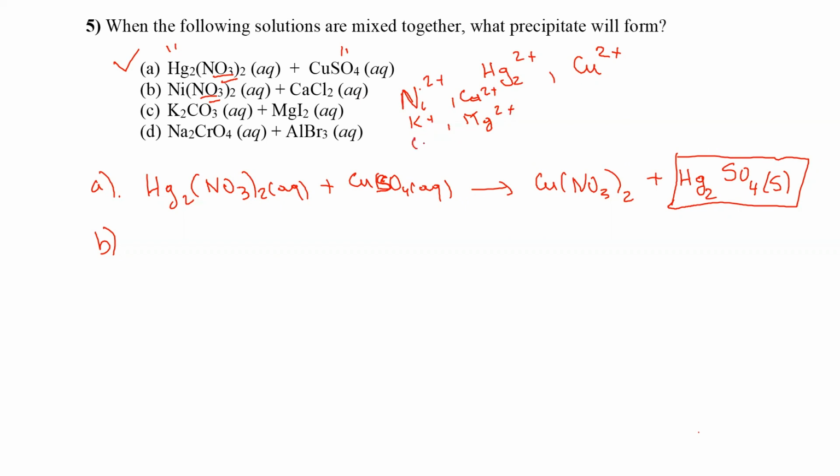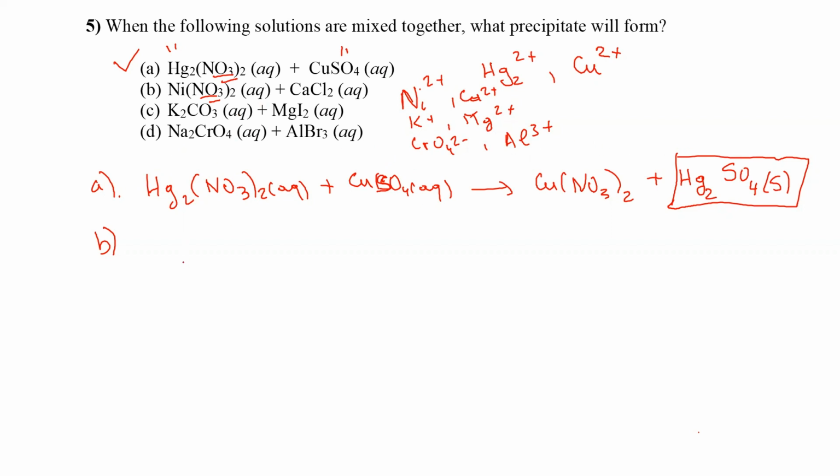Here you have the chromate ion and aluminum 3 plus. So here we don't have an oxidation-reduction reaction, we have a replacement reaction, meaning here, as you can see, you have mercury 1 with nitrate. The nitrate goes to copper 2 plus, so you have copper nitrate, and the sulfate goes to mercury 1, so you have mercury sulfate.